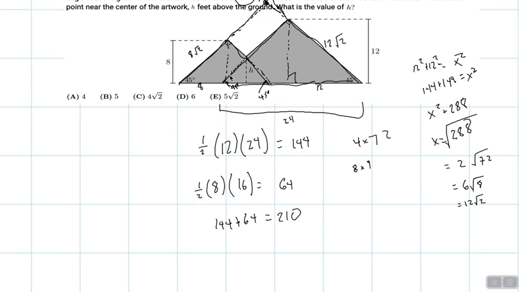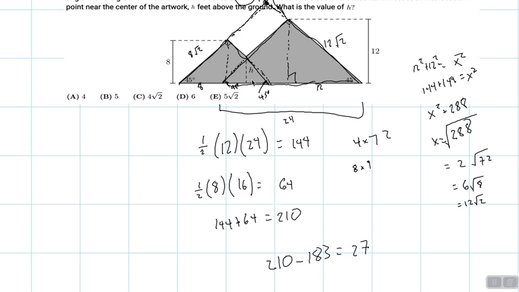So the area of this is going to be 210 minus 183, which is 27.